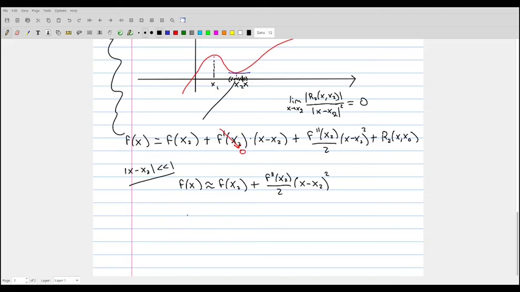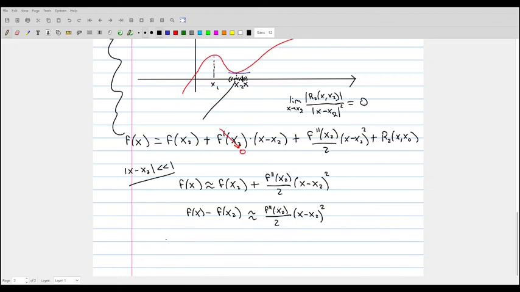And what that means is that f of x minus f of x2 is approximately equal to the second derivative at x2 over 2 times x minus x2 squared. Then our condition for x2 being a local minimum is directly satisfied if a certain condition on the second derivative is satisfied.